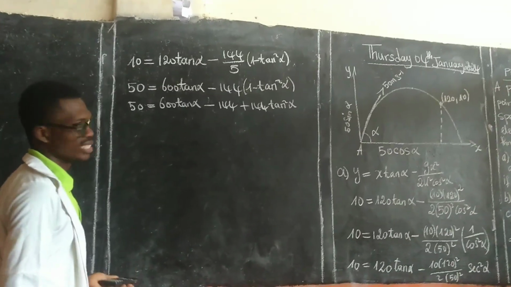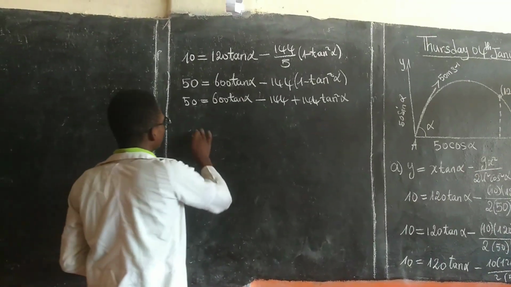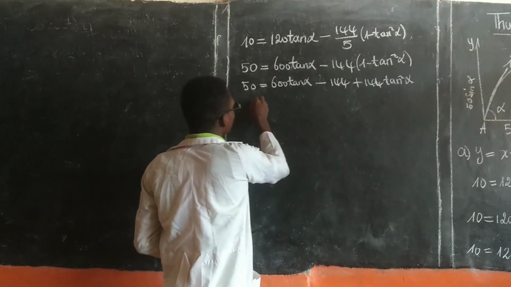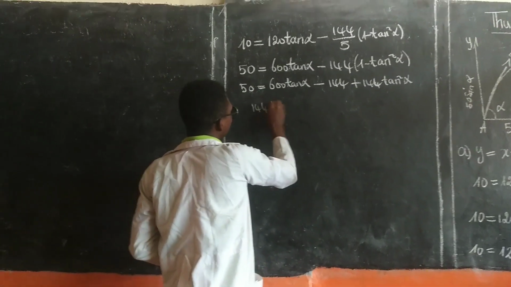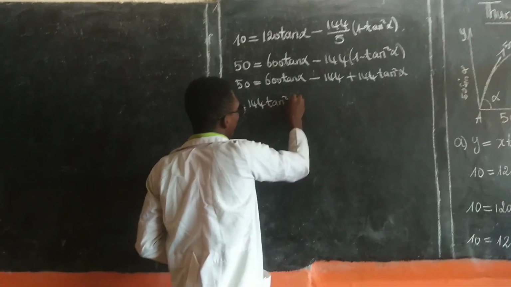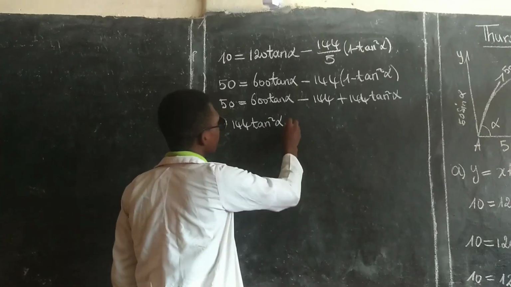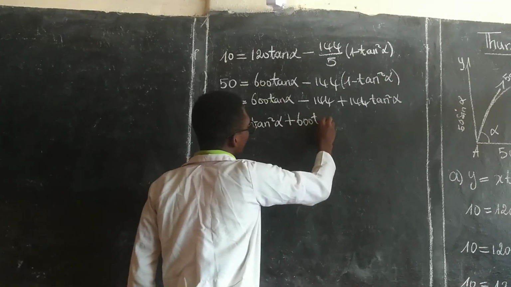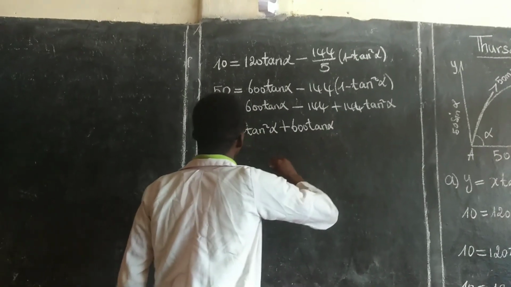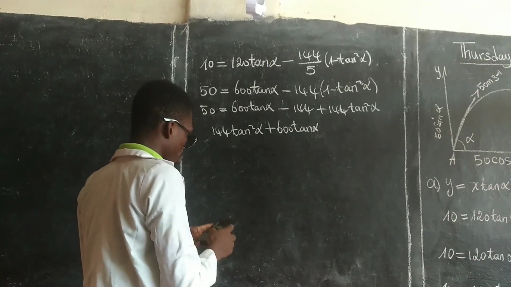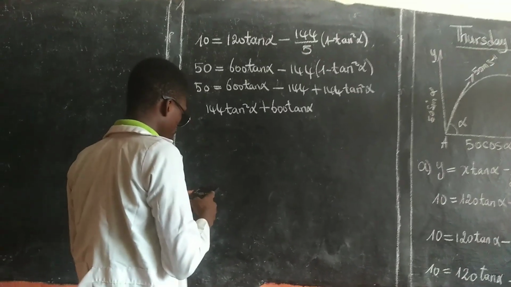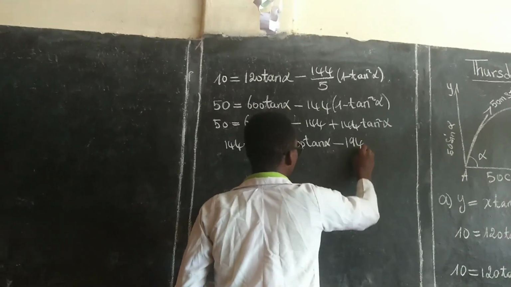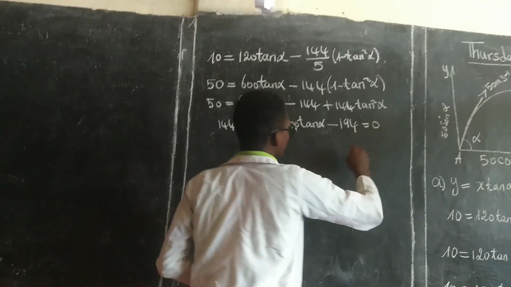Alright, I rearrange this equation now as a quadratic in terms of tan alpha. I am going to have 144 tan squared alpha plus 600 tan alpha minus 194 equal to 0.